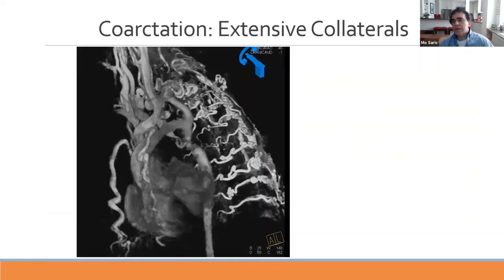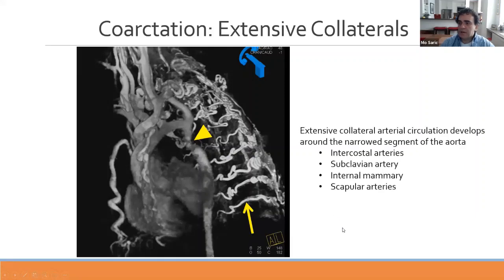However, if coarctation is significant and if enough time has passed, the patients will develop extensive collaterals around the obstruction. The big arrow points to the coarctation, while the other arrow points to the extensive collaterals, including intercostal arteries, subclavian artery, internal mammary, scapular arteries.